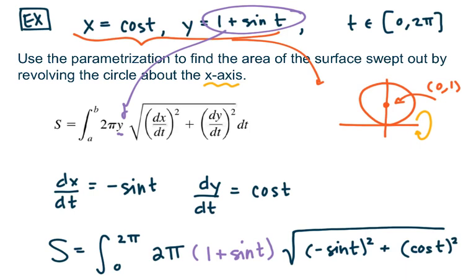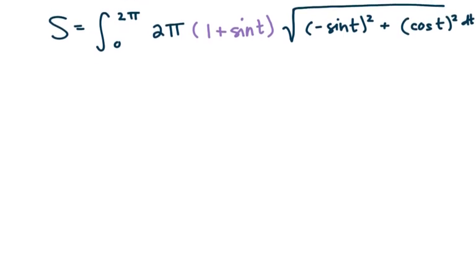And of course, we write our variable of integration at the back, dt. We are integrating with respect to t. Everything I've plugged in is in regard to t, and my bounds are in regard to t. I encourage you to pause the video and make sure you know how I've set everything up. And of course, if this was a rotation about the y-axis, we'd use a slightly different version of the formula. We would have plugged in x, cosine t, instead of 1 plus sine t, the part in purple.